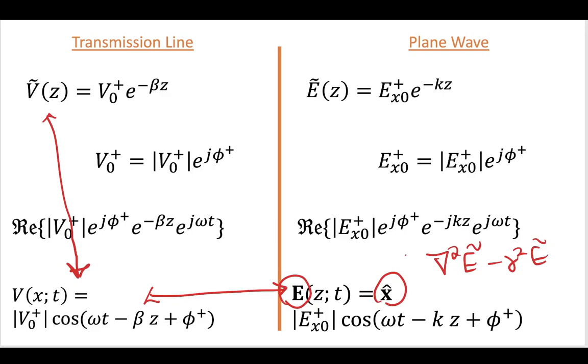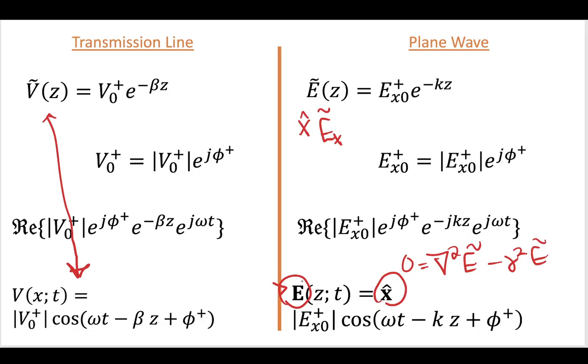And so for the electric field, it makes sense to keep our knowledge of the fact that it was a vector-based equation and that we solved just a scalar situation, just for the single x component. We solved this just for the x component. And so when we get to this final instantaneous solution, we may prefer to go back to the vector form for the electric field, and the voltage will continue to stay scalar.